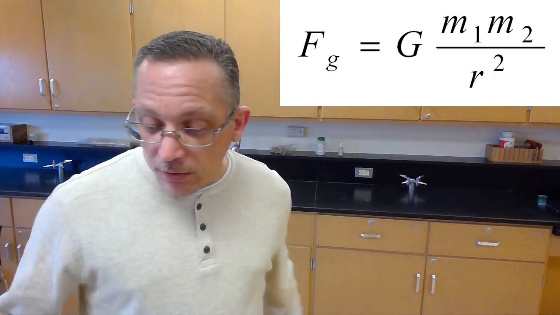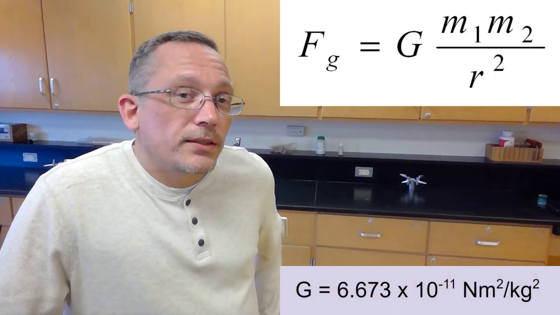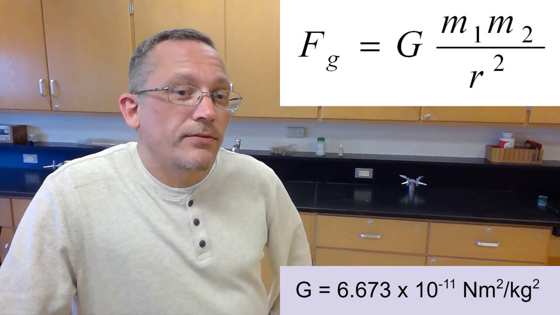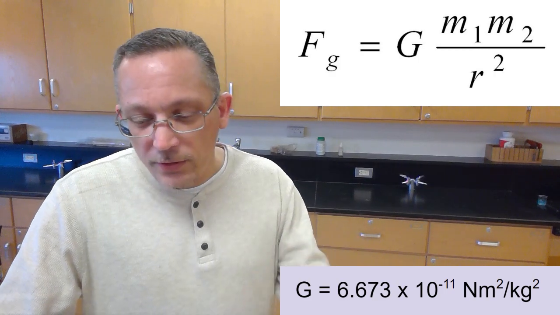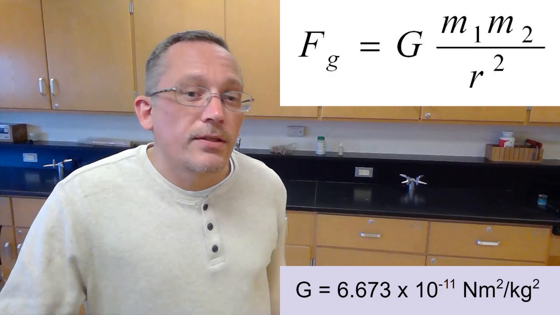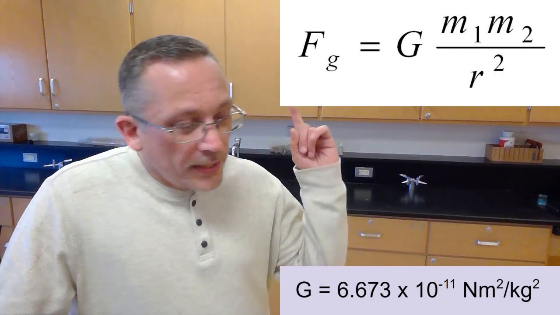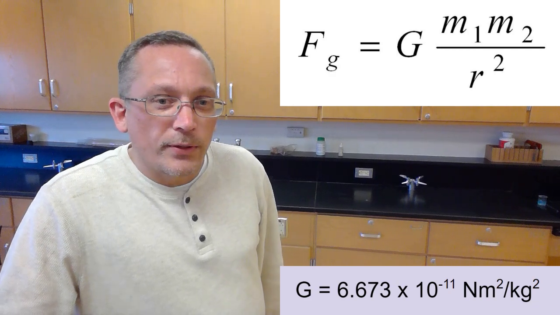This capital G is equal to 6.673 times 10 to the negative 11th newton meters squared per kilogram squared. It's a weird unit, I know. But we just need to know the number there, 6.673 times 10 to the negative 11th. The number will appear on your assignment, so I don't expect you to remember it.